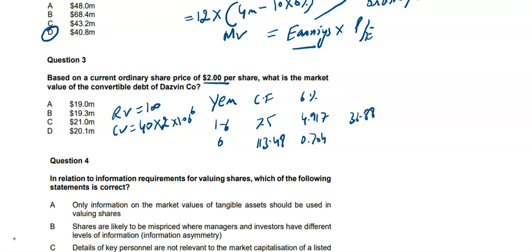And the last one is 113.48 times 0.704, which is 79.99, almost 80. When you combine the answers, it is 116.88. That is for one bond.